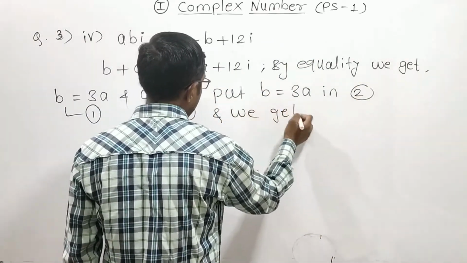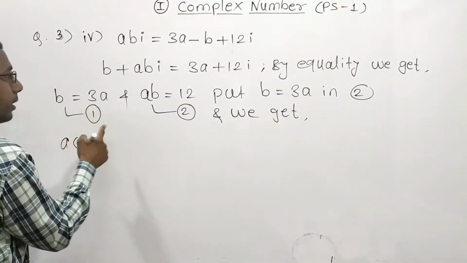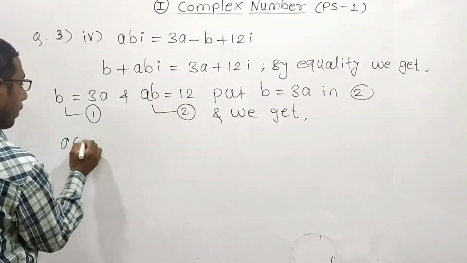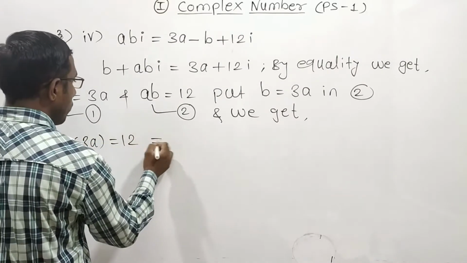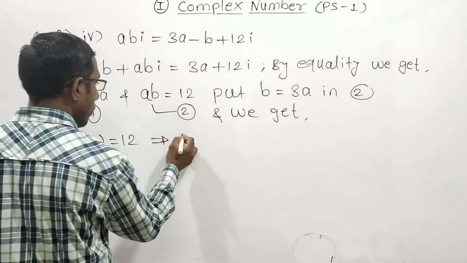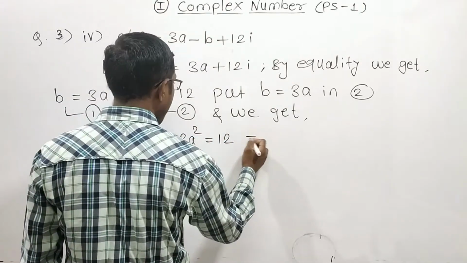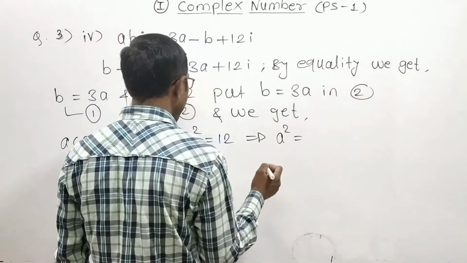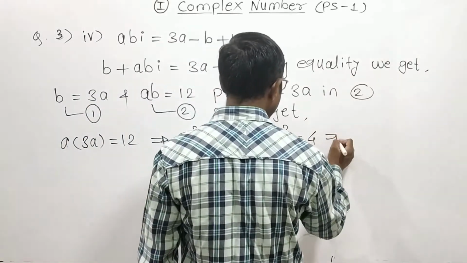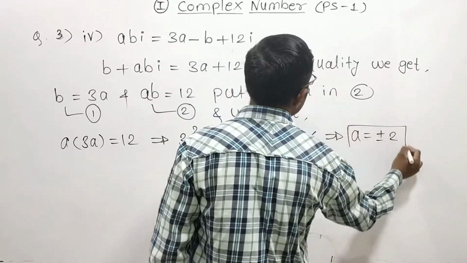And what do we get? We are replacing b by 3a. So it is a into 3a is equals to 12. This gives 3a square is equals to 12. Again, 3 fours are 12, so a square is equals to 4. This gives a is equals to plus or minus 2, square root of 4.